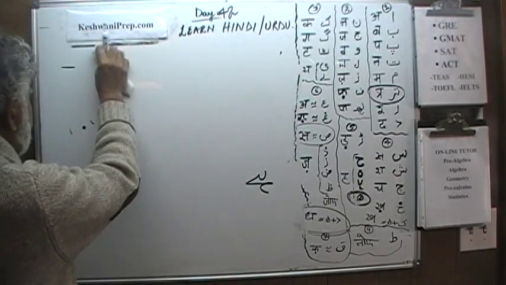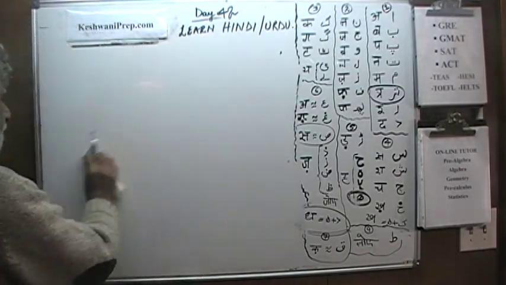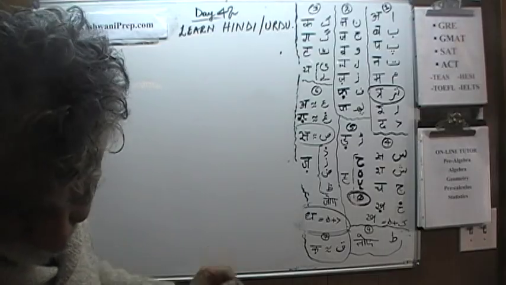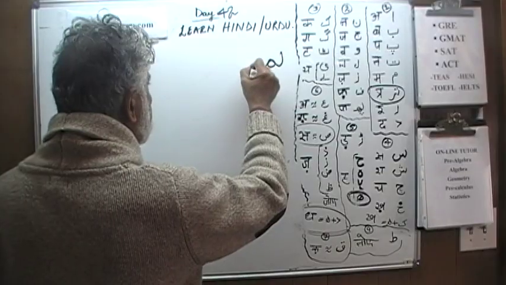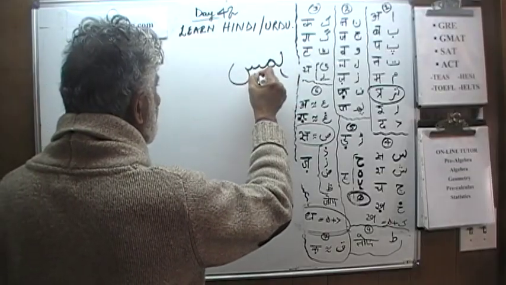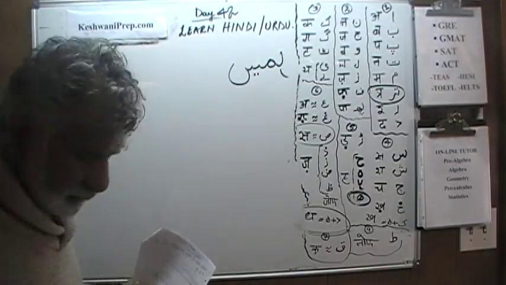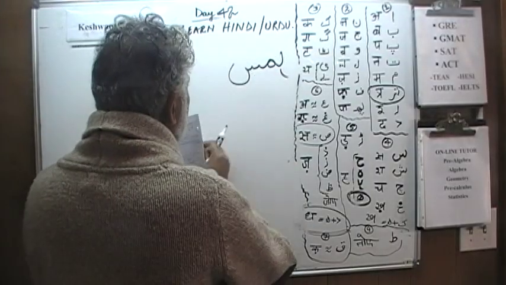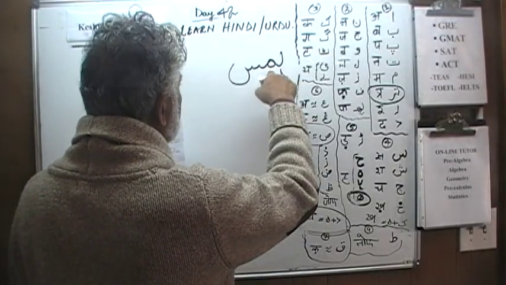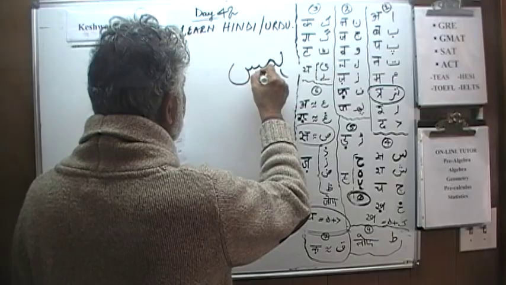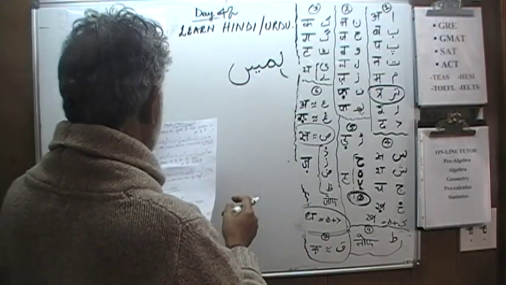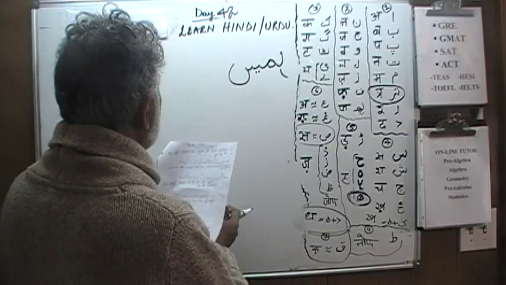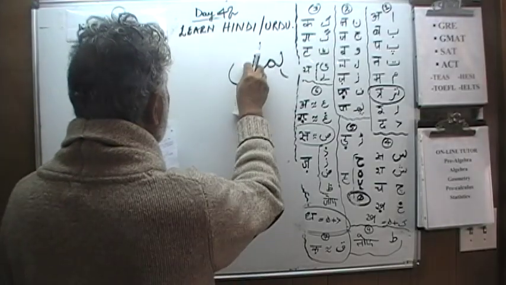Ke tumhaari zindagi hai, hamein jaan se bhi pyaari. Hamein. That's a ha, that's a ma, this is hame. I made one too many loops.